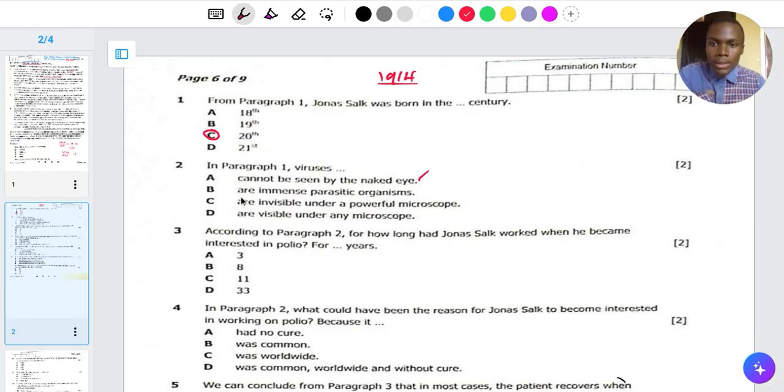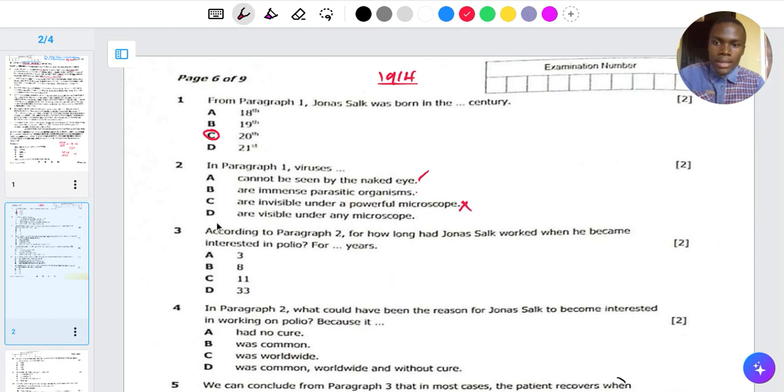What about this one? They are immense parasitic organisms. Of course, this one is correct. It is even in the paragraph to say that these are parasitic organisms. Then another one is saying are invisible under a powerful microscope. No, they are visible under a powerful microscope.